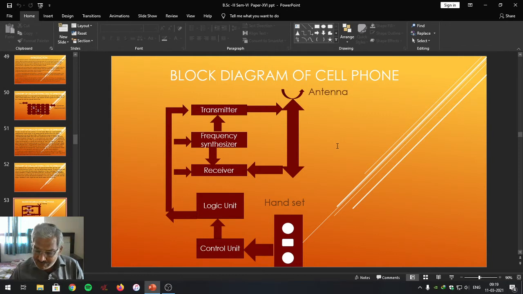The strength of cellular phone is always monitored in the cell as far as the transmitting and receiving towers are being considered. Depending upon monitored cell strength, it decides whether the cell phone carrying vehicle is moving from one cell to another cell.